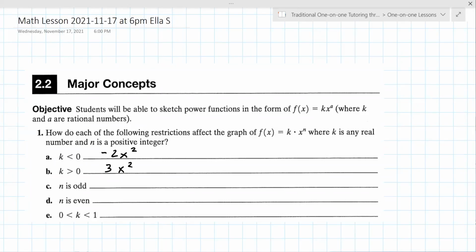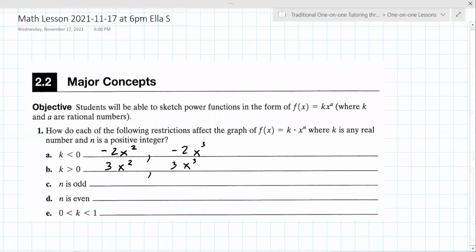But it could also be that this is negative 2x cubed, or that this is 3x cubed. These are the possibilities for these graphs. So let me come down here and try to summarize.